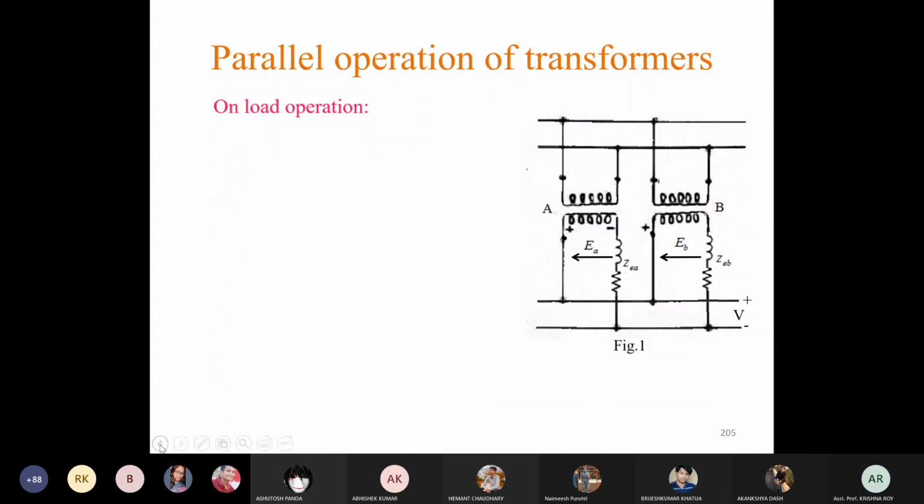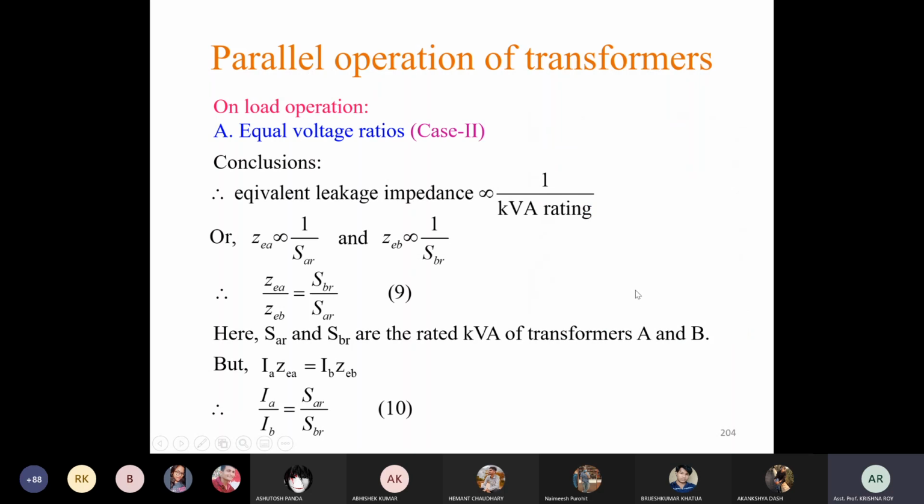So using this relation, we can find the kVA load sharing of the transformers. These are the ratings of the two transformers.